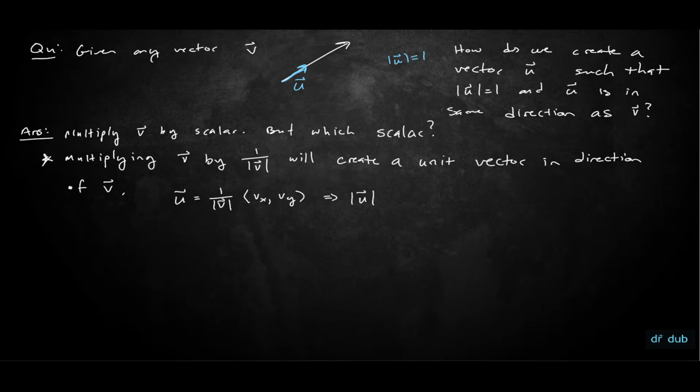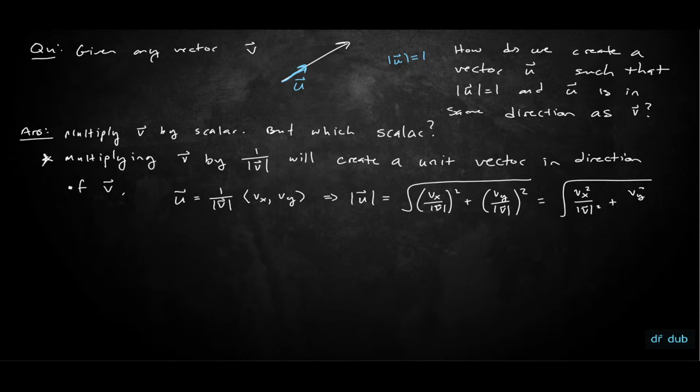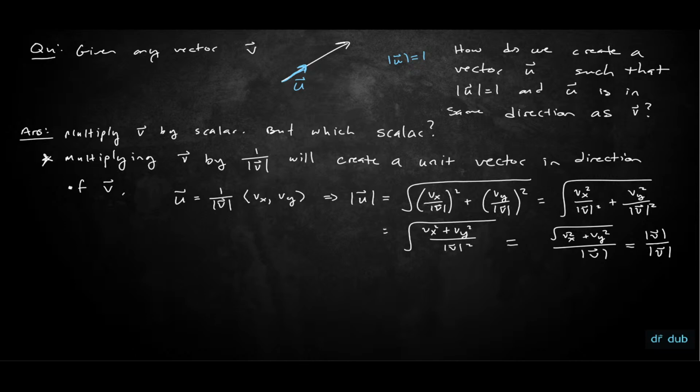Then the magnitude of u would be the square root of (v sub x over magnitude of v) squared plus (v sub y over magnitude of v) squared, which would be the square root of vx squared over magnitude of v squared plus vy squared over magnitude of v squared, which would be the square root of vx squared plus vy squared over magnitude of v squared, which is magnitude of v squared over magnitude of v squared, which is 1.